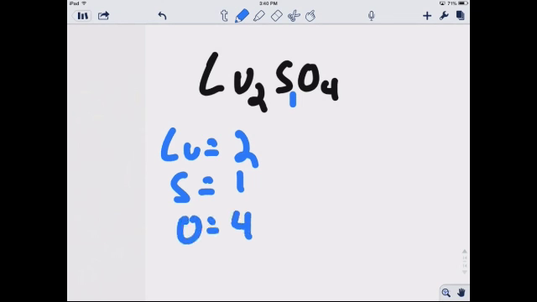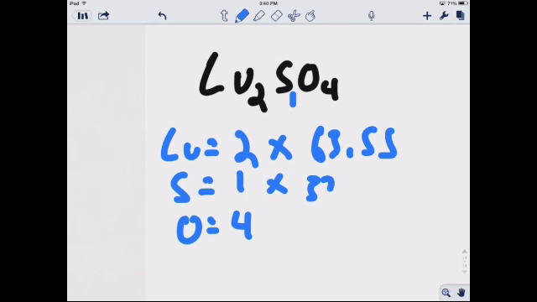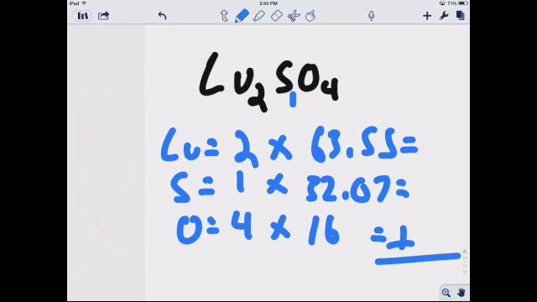And then we multiply them by their molar mass on the periodic table, which copper is 63.55, sulfur is 32.07, and oxygen is 16. So we multiply these out, and then we add them up, and we'll get a molar mass of 223.15 grams of copper sulfate.